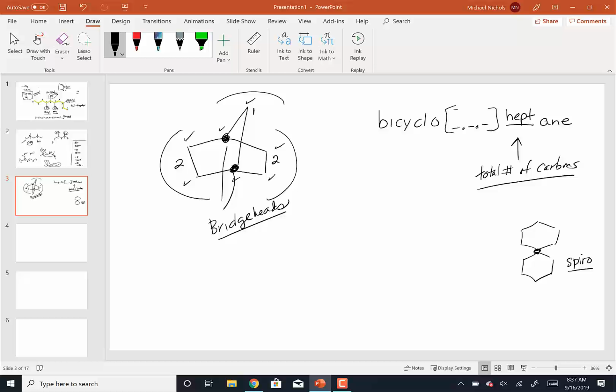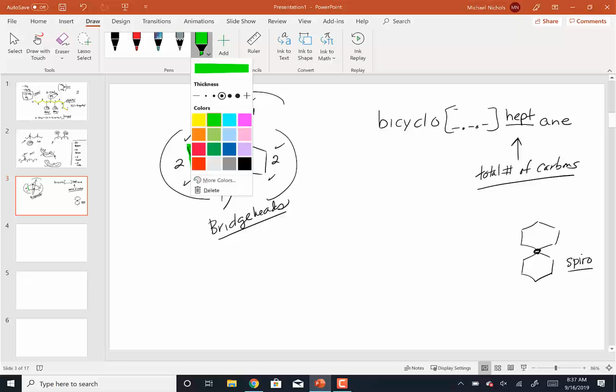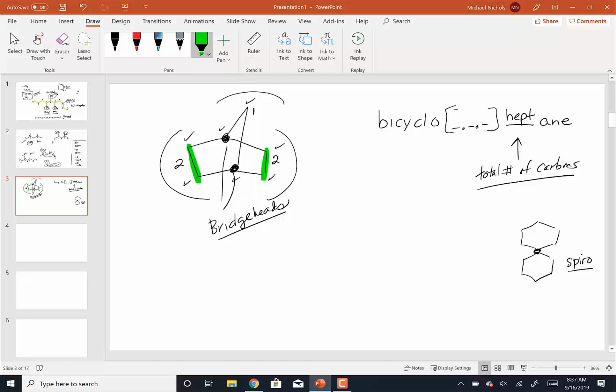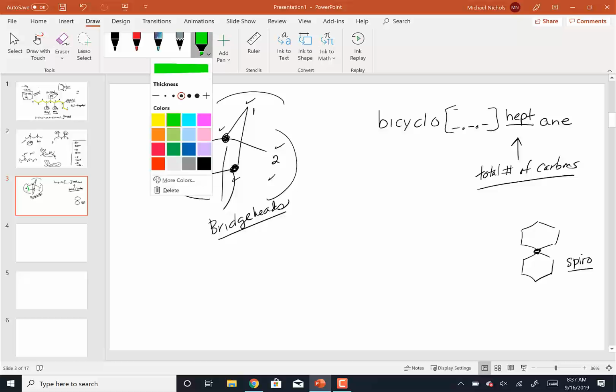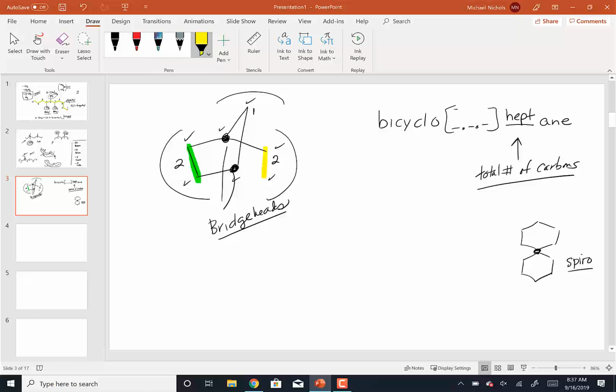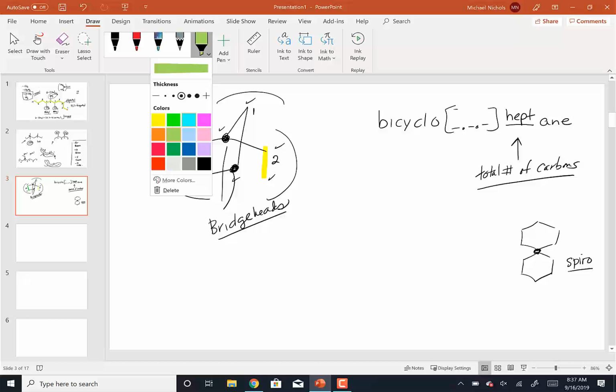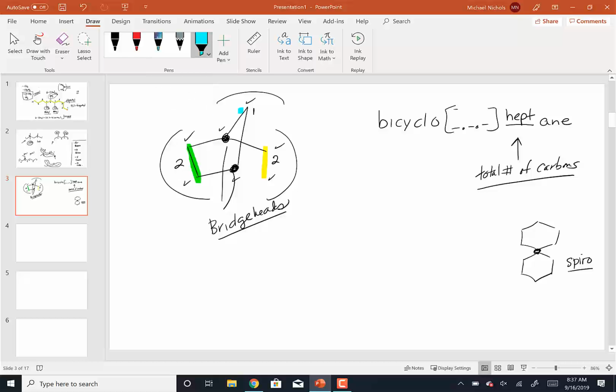So on the propellers I've got 2 carbons there, a yellow one there, and then a blue one there. So I've got these 3 propellers. And then what goes here are the sizes. So it usually goes in decreasing order. So it goes 2, 2, 1.